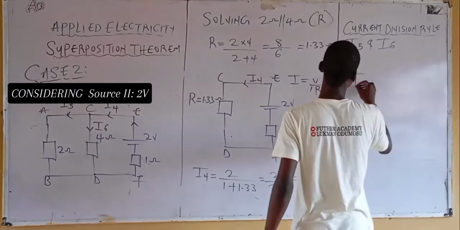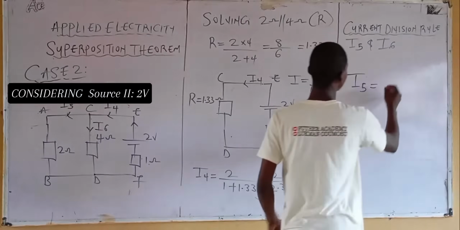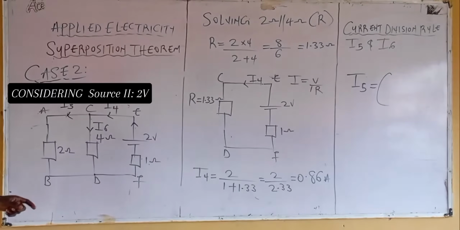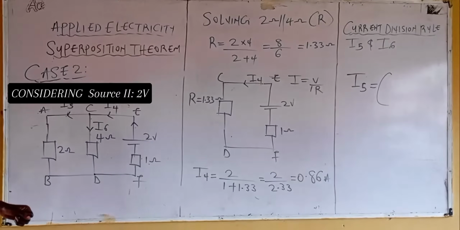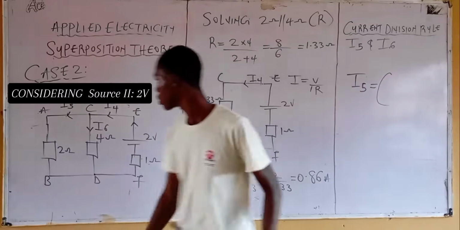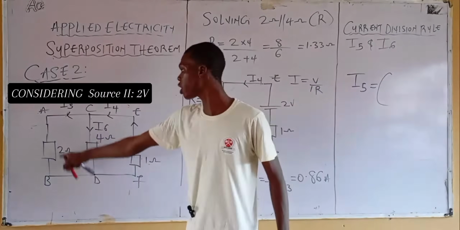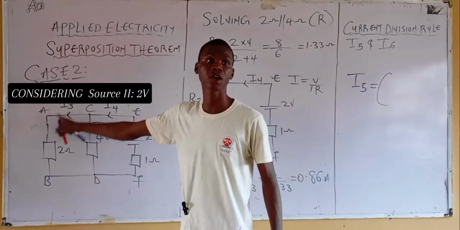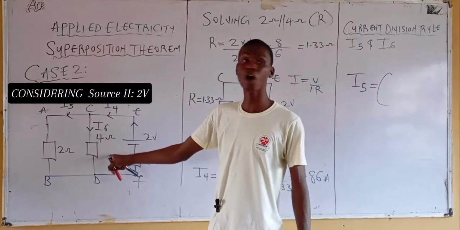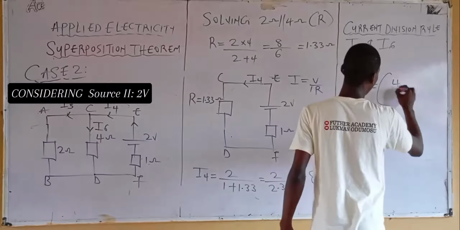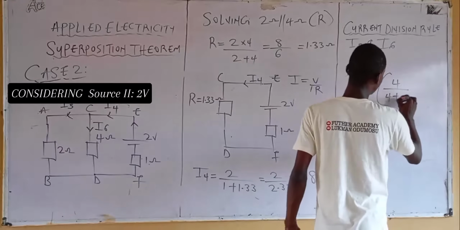Solving for I5, what do we have? I5 equals, open brackets, what we need is the current of the 2 ohms, which is I5. But the one we don't need is the 4 ohm resistor. So we are using it. Then it becomes 4 over 4 plus 2, okay?